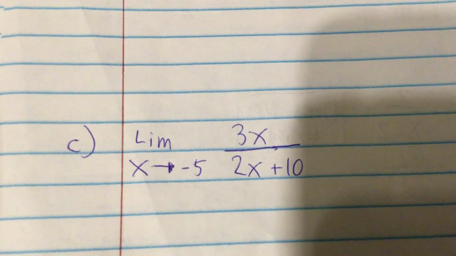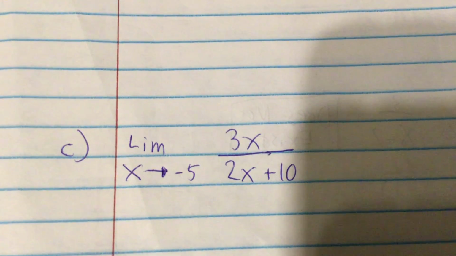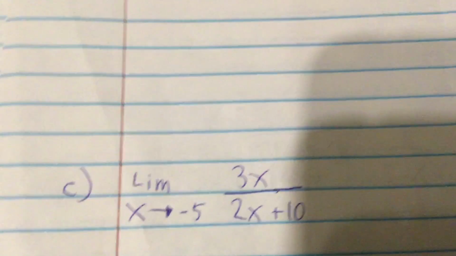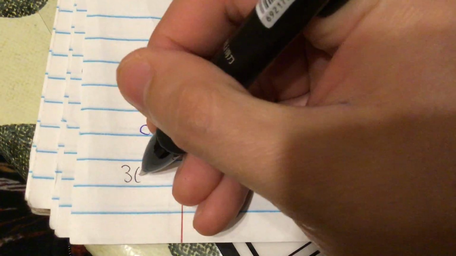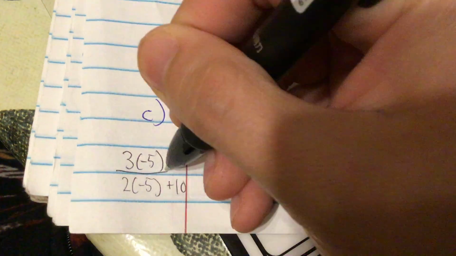Figure out whether the limit as x approaches negative 5 for 3x over 2x plus 10 exists or not. So I'm a thought bubble kind of guy. I have thoughts. 3 times negative 5 over 2 times negative 5 plus 10.